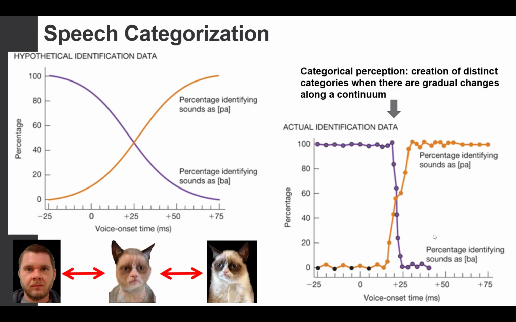And this is what happens for phonemes. So this box-like shape is letting us know that there's categorical perception and specifically that phonemes are categorically perceived. There is a range of voice onset times, and if something is within that range of voice onset times, it is going to fall into the category ba, or it's going to fall into the category pa.